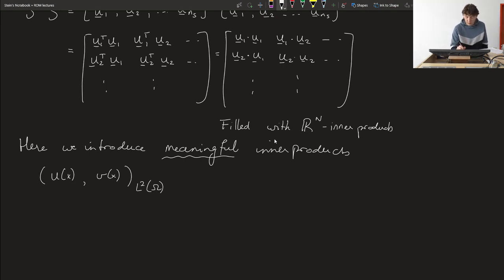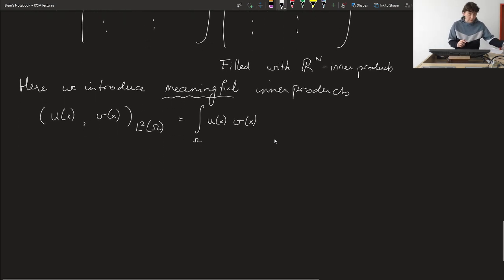What was the explicit operation? Well, that was the integral over the complete domain of u of x multiplied by v of x. You can also see that if u of x and v of x are the same, then we get the norm squared. So this is the one that we're going to use.